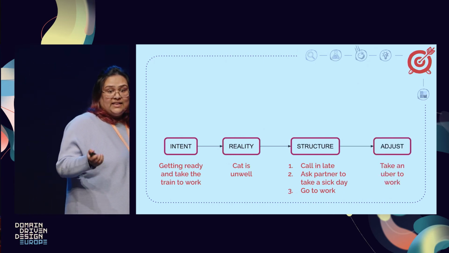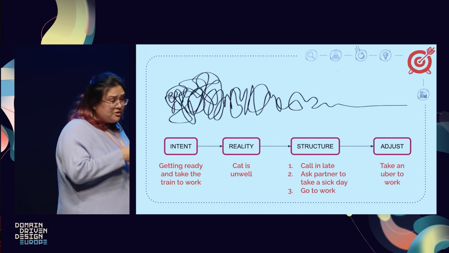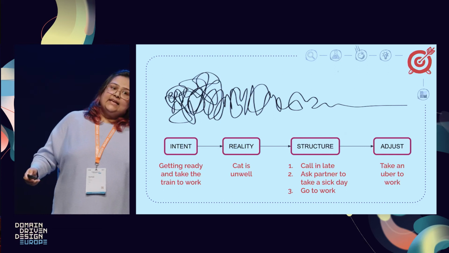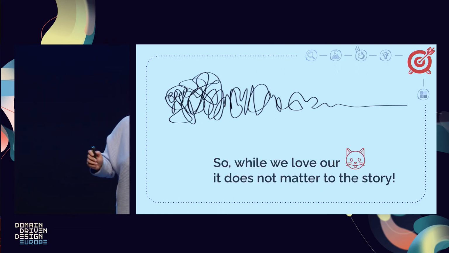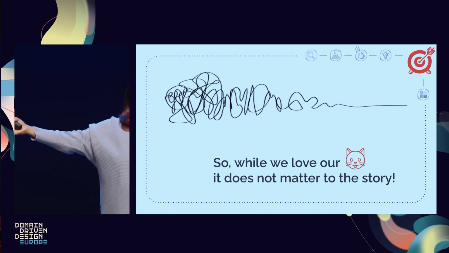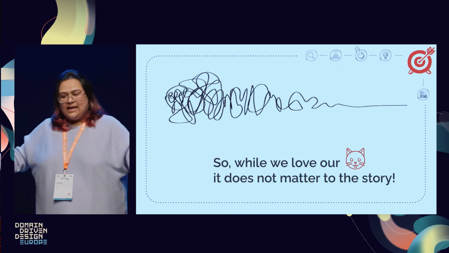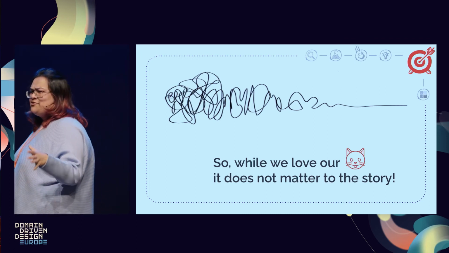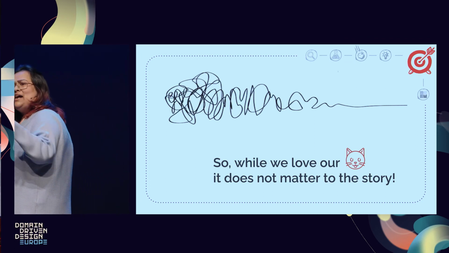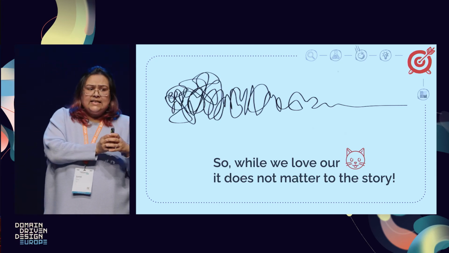Now, if you're someone like me, you're going to ask your partner to take the day off, and you'll still get to work, perhaps in an Uber, but you're going to be there. So you've navigated this ambiguity without even realizing that there was ambiguity that you're navigating. So while you love your cat, being unwell doesn't send you into a state of paralysis.